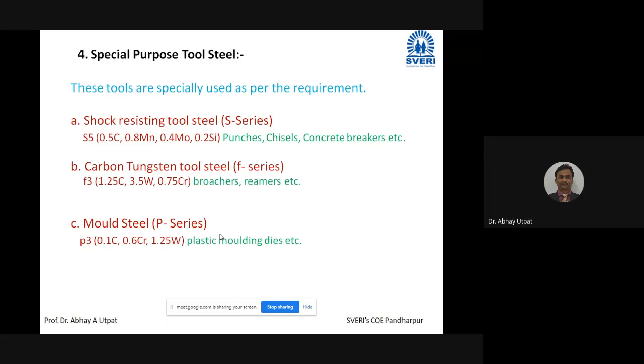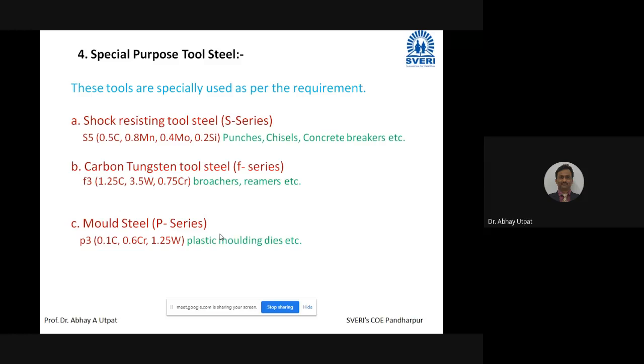Punches, chisels, concrete breakers. So this is the S series: 0.5% carbon, 0.8% manganese, 0.4% molybdenum, 0.2% silicon. This will give good shock resisting capacity. Hence, this combination is used for making punches, chisels, concrete breakers, etc.